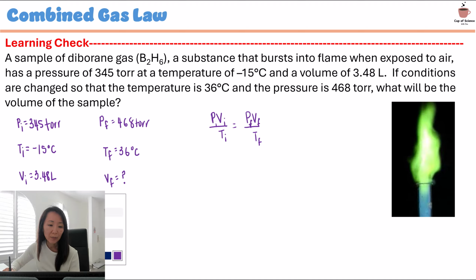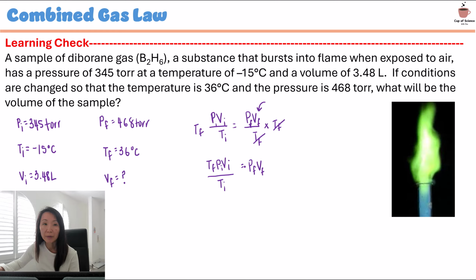Okay, now what I'm going to do is solve for V final. I want to solve for V final by itself. So let's go ahead and multiply T final on both sides. If I multiply T final on both sides, I get rid of the T final on the right. So I get PF VF here, but now I have a lot more going on on the left-hand side.